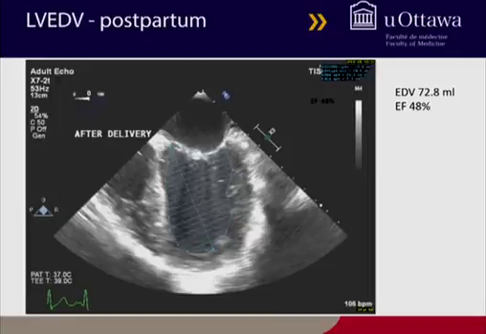And the end diastolic volume was reduced because the ventricle was able to empty better. So we were actually pleasantly surprised, but this is not the first time we've seen it.